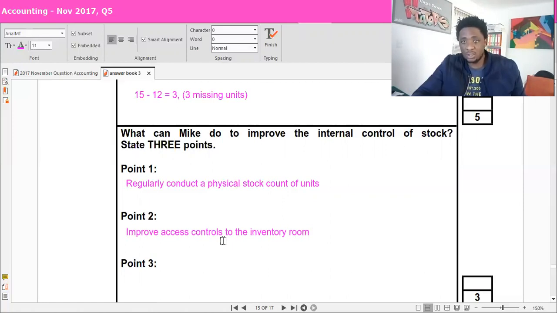Some workers don't need to access the inventory room. So if you have 2 people that are able to get into the inventory room, then when there's units missing, you're able to question those 2 people, as opposed to when there's 15 people that can access that inventory room. To question 15 people is much more difficult than questioning 2 or 3 people that have access to that inventory room.